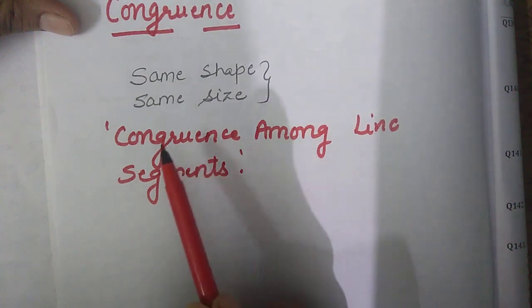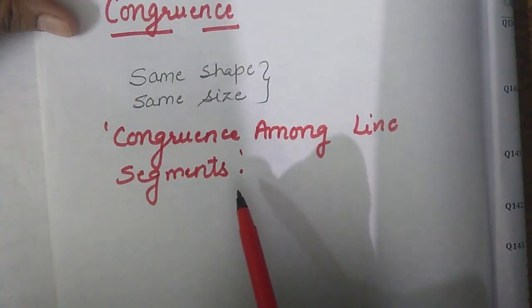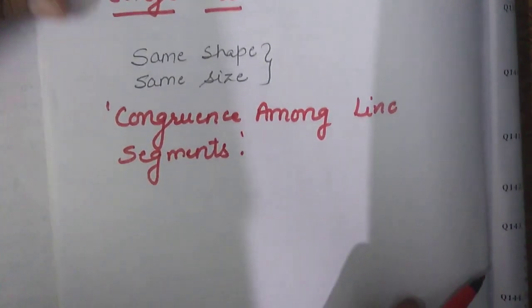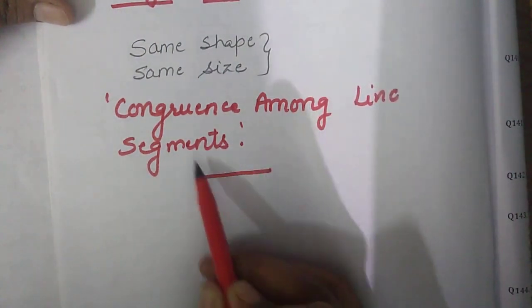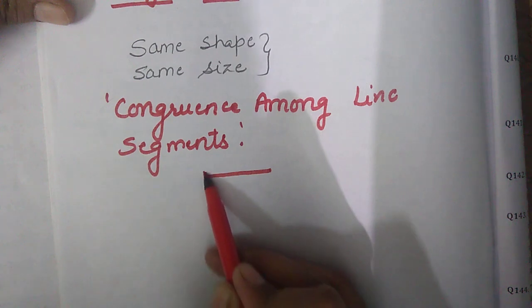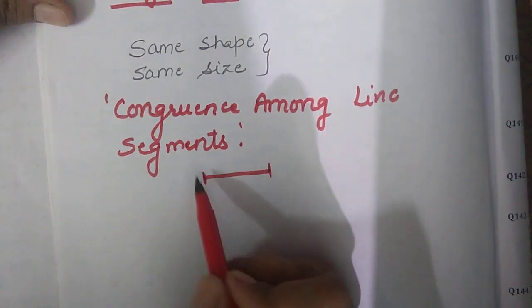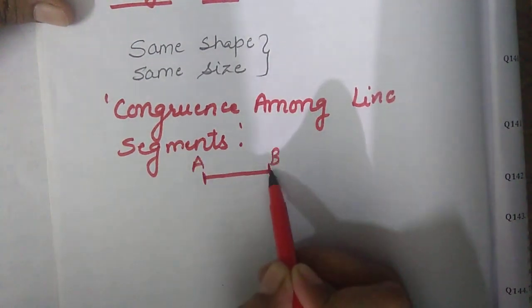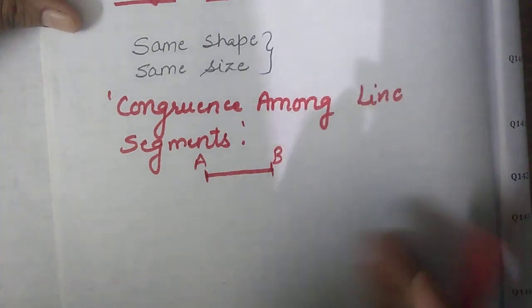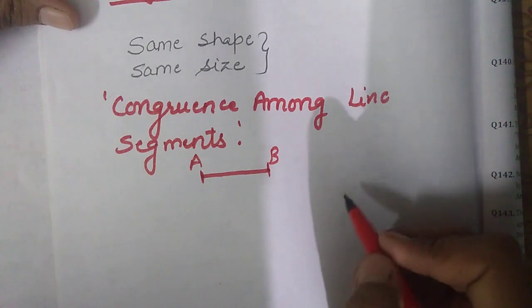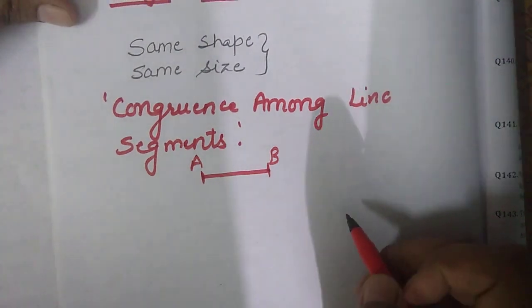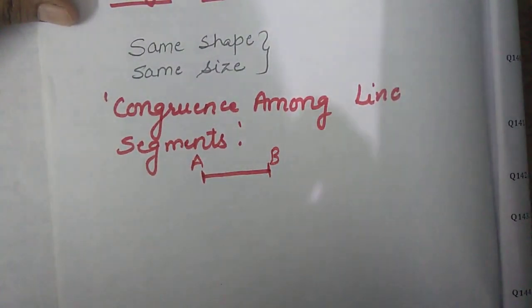Now what do you mean by congruence among line segments? Suppose we have two line segments. When can we say that the line segments are congruent? Line segment means it is a part of line having initial and final point. Two line segments are congruent if the lengths of those two line segments are equal.